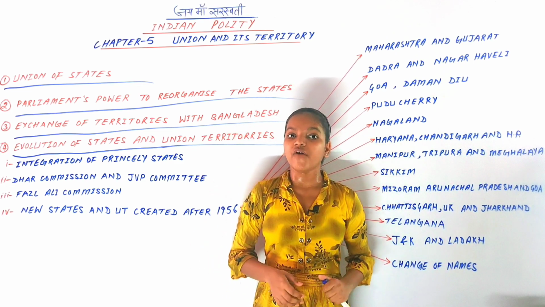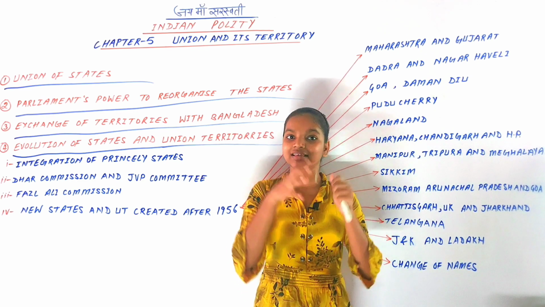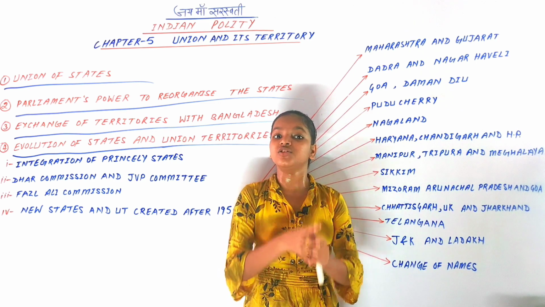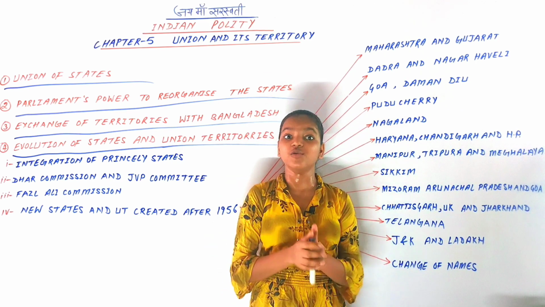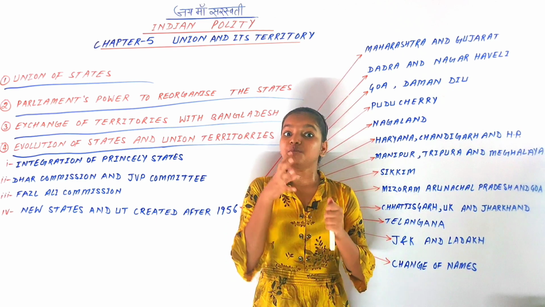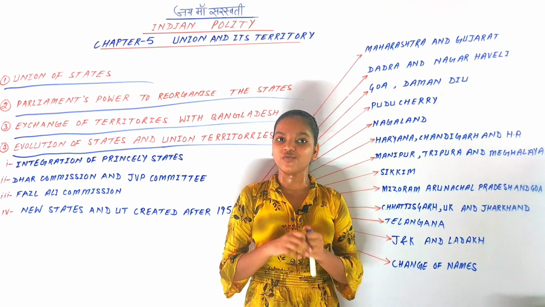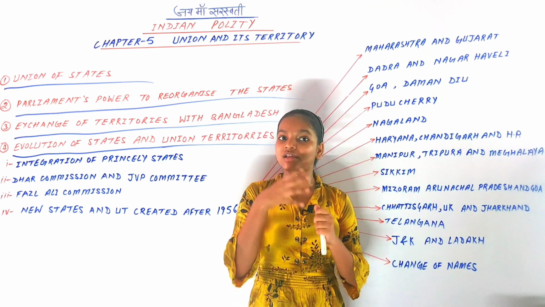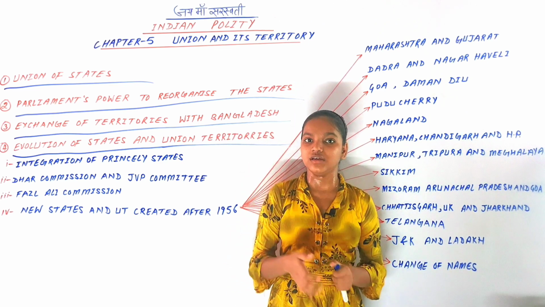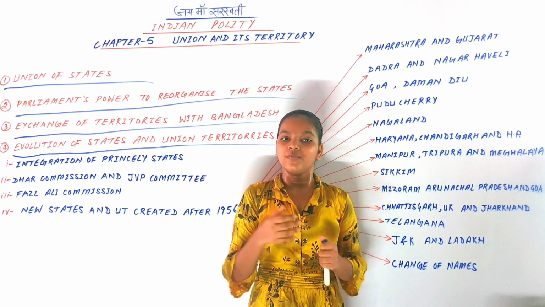Out of 552 princely states, 549 had joined, and for integrating those princely states we are thankful to Sardar Vallabhbhai Patel. You know that the main role in the integration of India was led by Sardar Vallabhbhai Patel, and the three remaining princely states, Hyderabad, Junagadh and Kashmir, were also taken later.